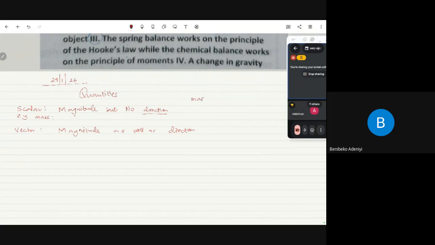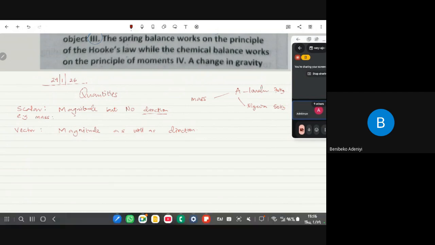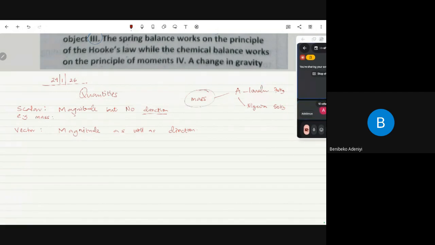For me to tell you that the mass of person A in London is 70 kilograms, but that same person's mass in Nigeria is 50 kilograms. It makes no sense. Because when we talk about mass, it doesn't make sense to describe mass with respect to direction. It only makes sense to describe mass with respect to magnitude.